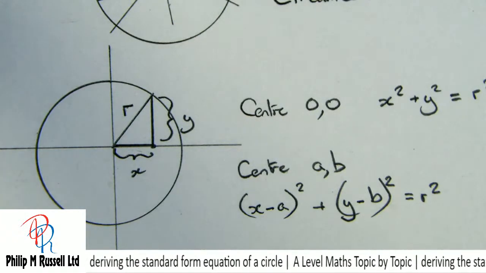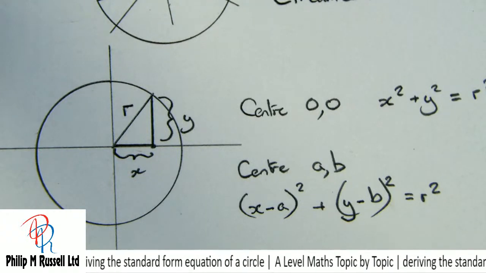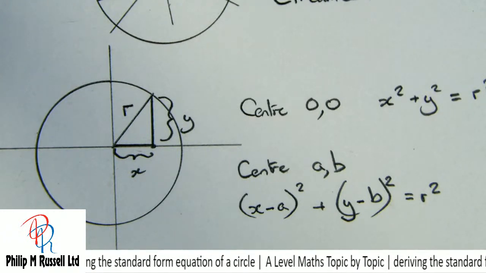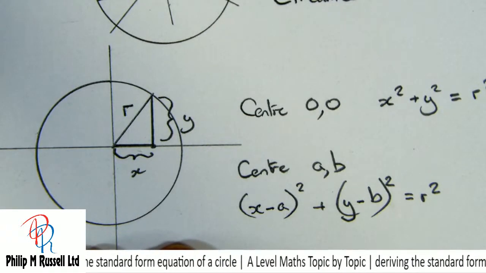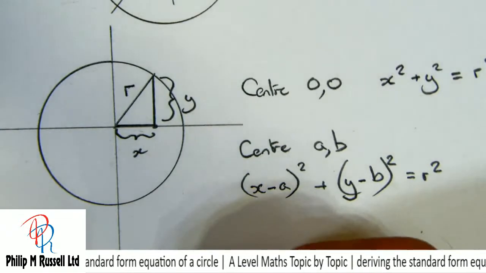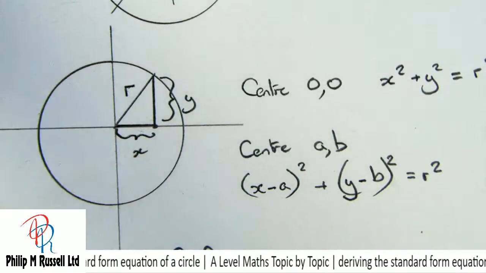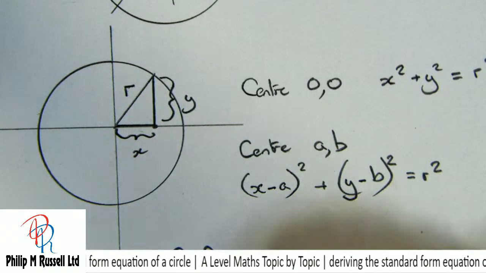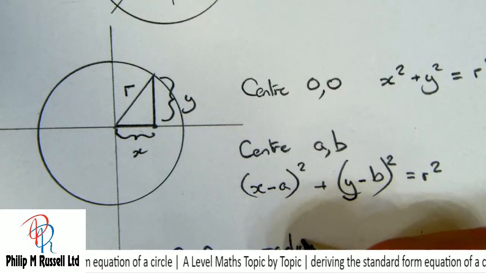So if I want to work out perhaps something really nice and easy, let's say we've got a circle and I'm told various things about the circle. So I might be told it's at 3, 2 is our center point, and it's got a radius, let's make it easy, of 4.